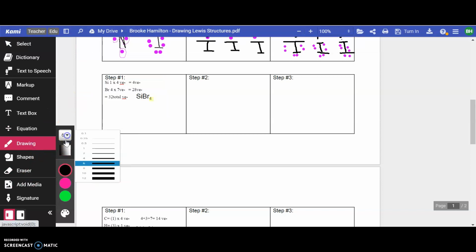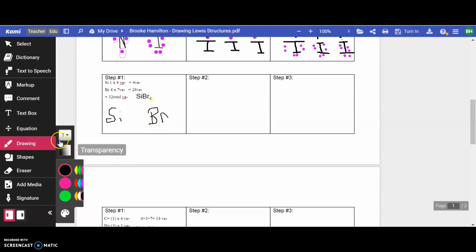So we're going to draw out Si and Br, and we're going to put the 4 and 7 valence electrons around the outside. So 4 around silicon and 7 around bromine. When calculating the total number of valence electrons, you do however many are in the molecule times their number of valence. So for silicon, there is 1 in this molecule.